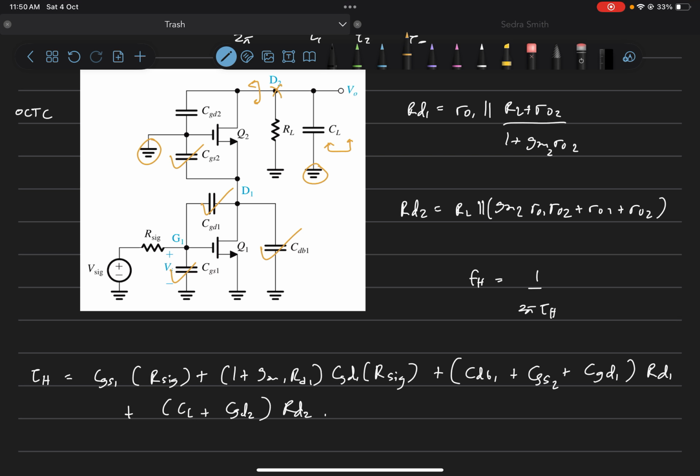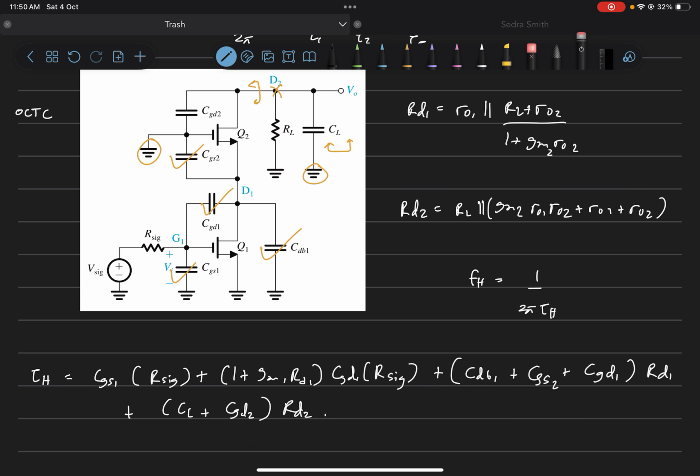That will be termed RD2, and it is just the output impedance of a cascode stage. So that will be RL in parallel with the impedance seen over here, which is given by the standard formula, approximately GM2 RO1 RO2. You can add up the two terms if you want a precise value. This in parallel with RL will be RD2. This RD2 goes with CL plus CGD2, since they are in parallel. So we will have this final expression.